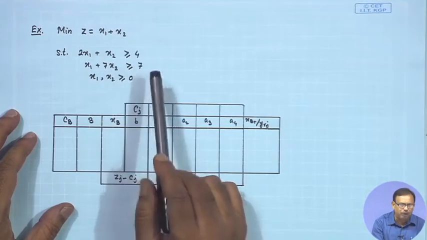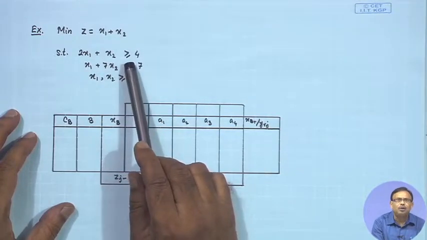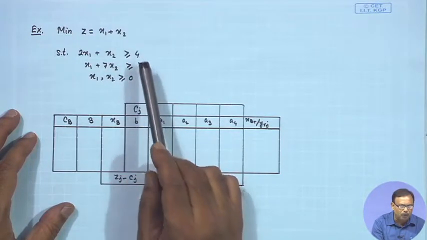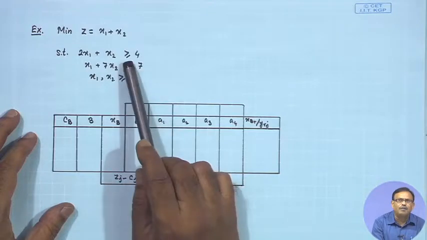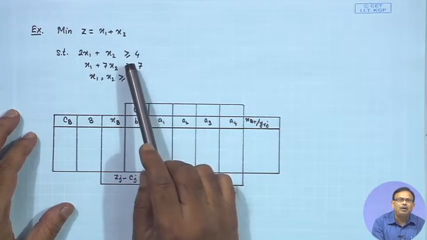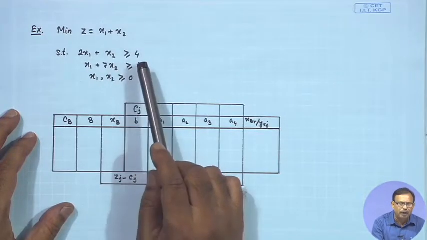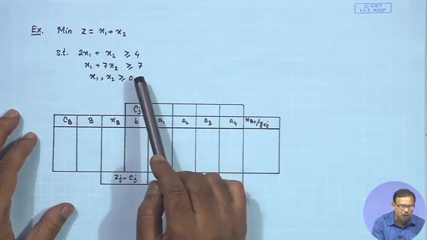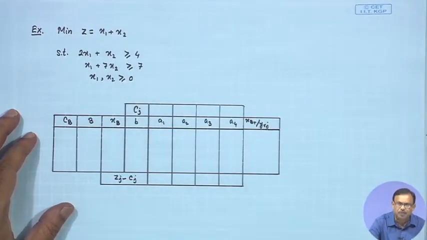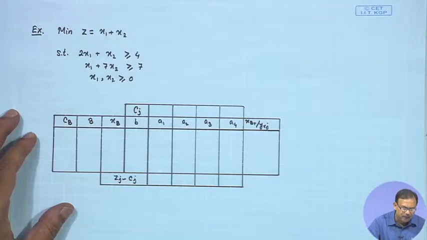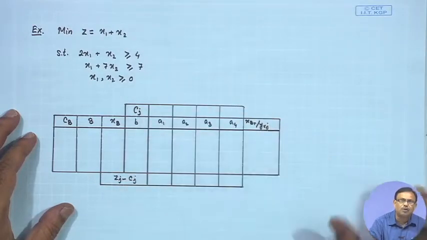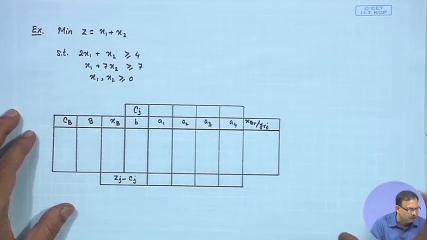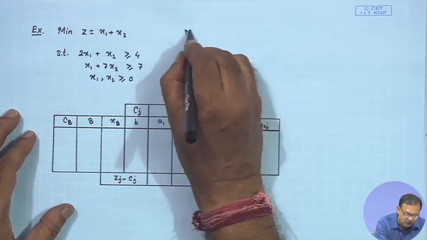Subject to, you have to change the greater than equals into less than equals type by multiplying by minus 1 for both the constraints, and after that you have to add one slack variable each to make the less than equals type into equality type. So, I am writing it in the standard form with the constraints as equality type, since you have done it already.